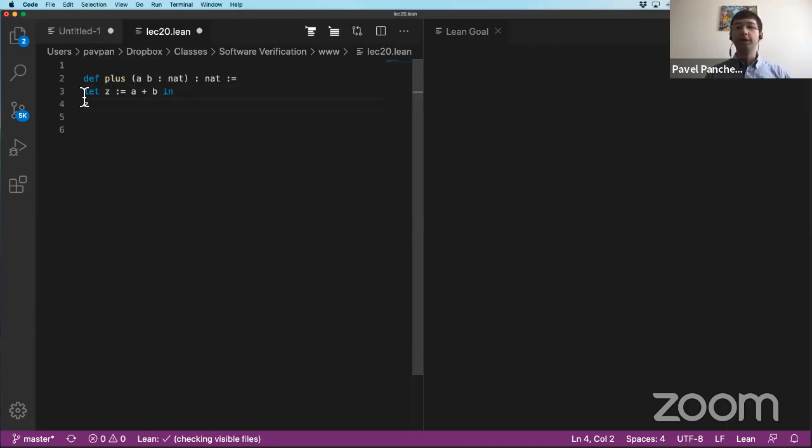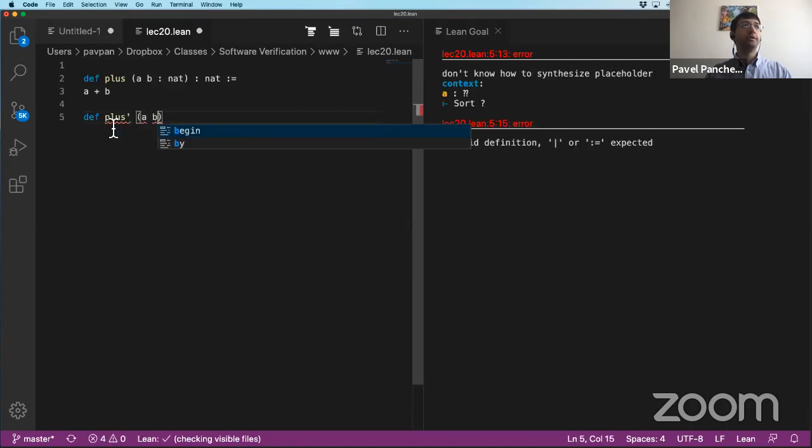That is an equally good definition, and this gives me an intermediate variable reference. But for simplicity, since this function is so easy, we're just going to have a single expression, and that expression is implicitly returned by the function. And then you can write these functions directly in this style. You can also write recursive functions.